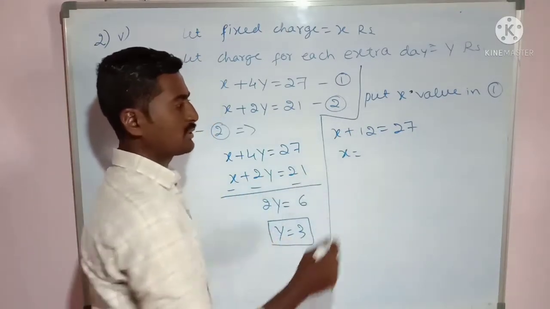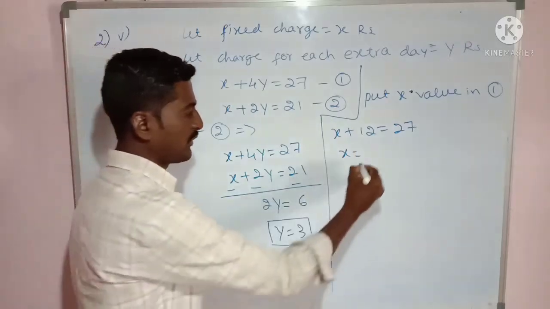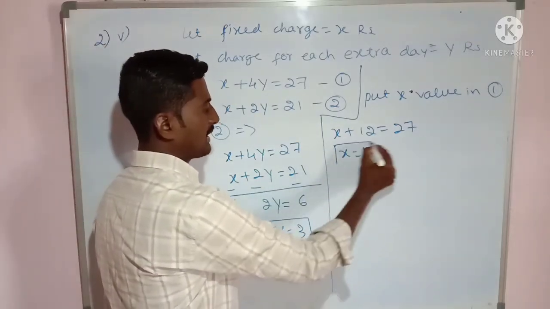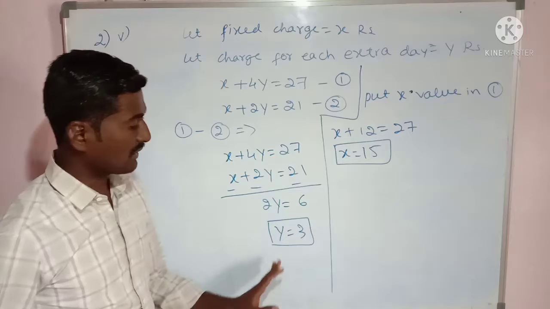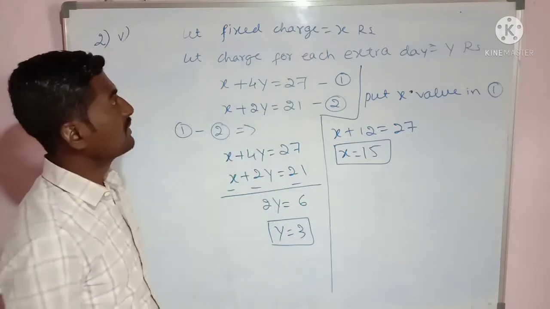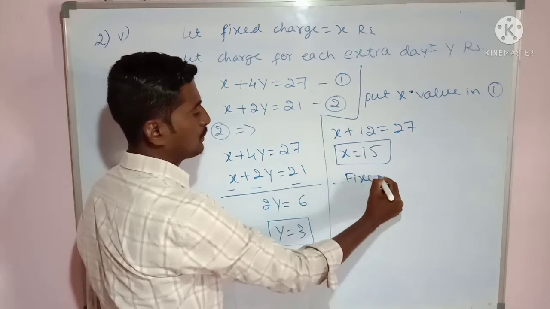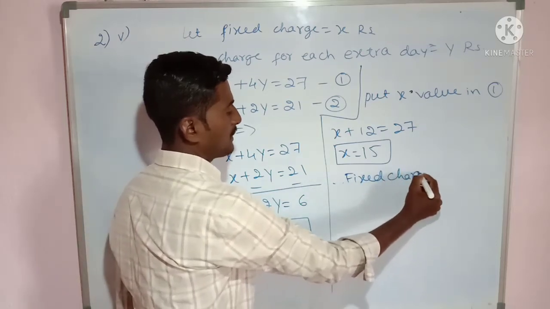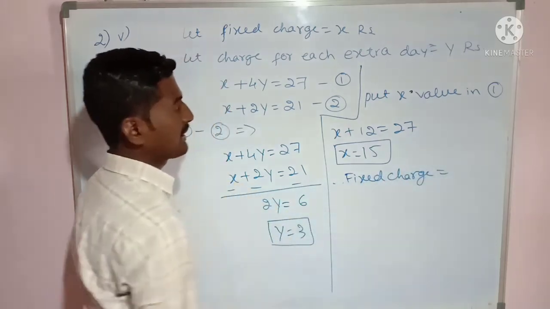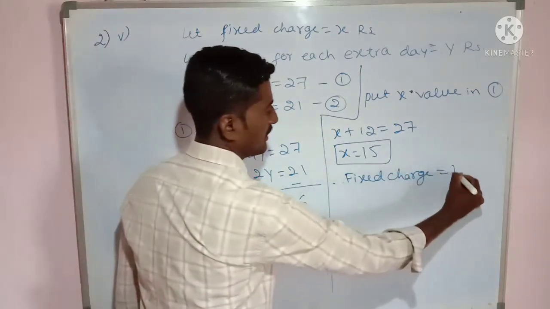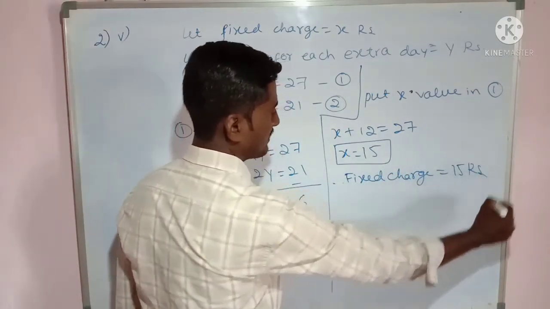So x equals 27 minus 12, that is 15. We got the x value and the y value also. Now I'll write the conclusion. The fixed charge is x rupees. x I got is 15. Fixed charge is 15 rupees.